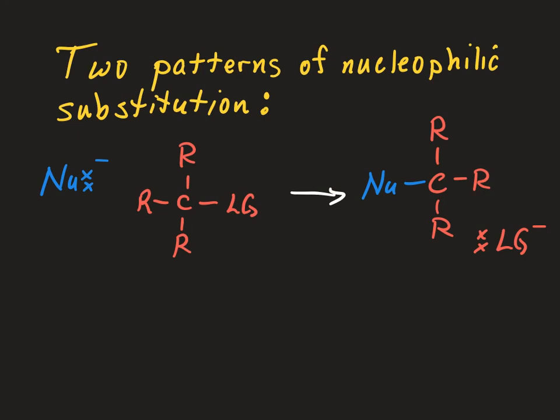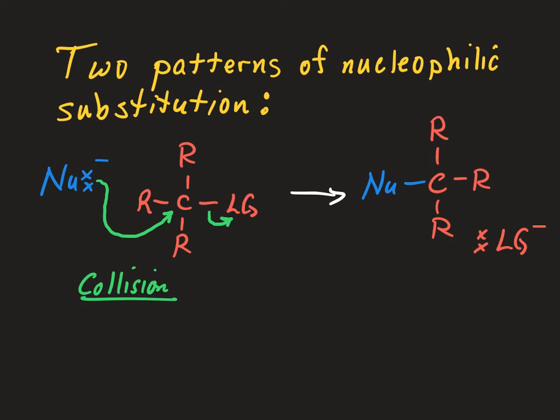There are two general patterns of nucleophilic substitution. In one of the patterns, the nucleophile actually collides with the central carbon at the same time as the leaving group is leaving, right? So there is an actual collision in this one step between the nucleophile and the alkyl halide.